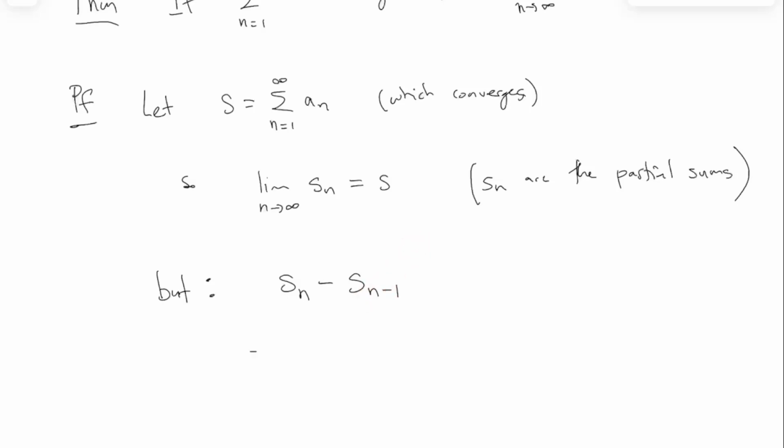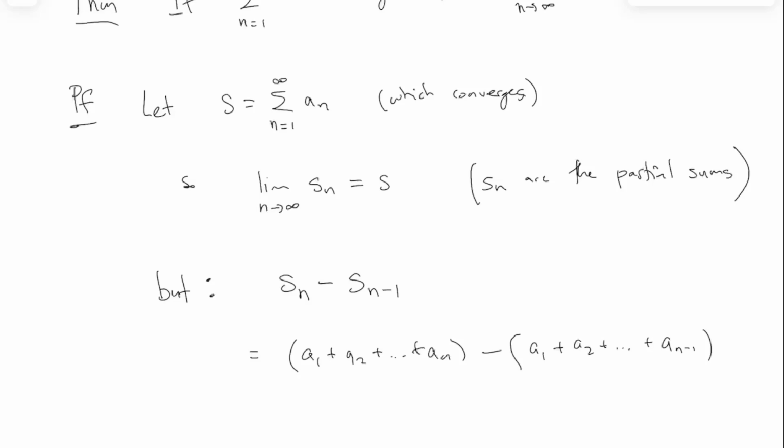Maybe I'll write that out. It'll become clearer. a1 plus a2 plus up to an, minus the same thing, but only going up to n minus 1: a1 plus a2 plus up to an-1. What remains when you subtract? Just an, right?